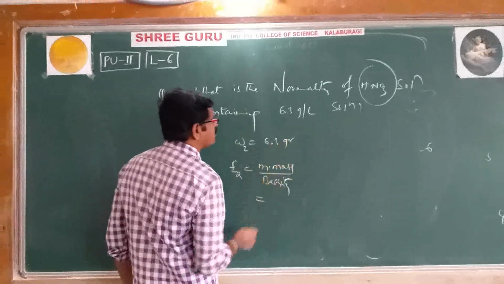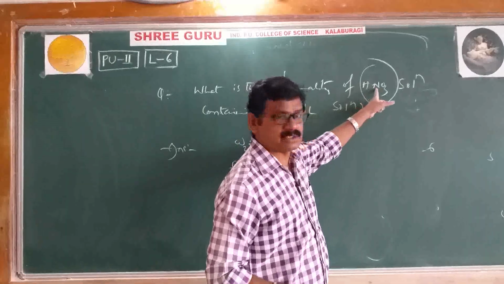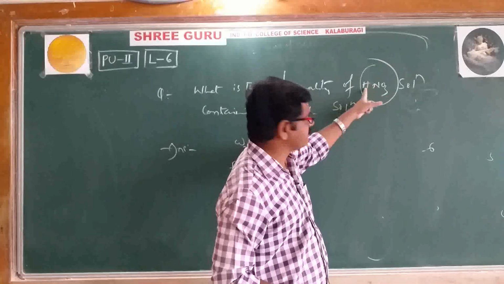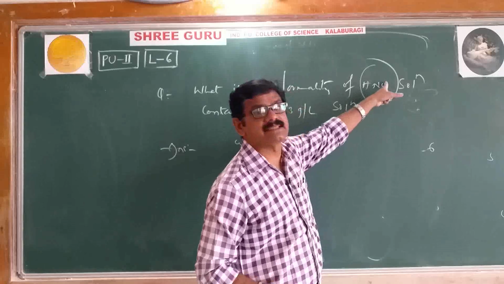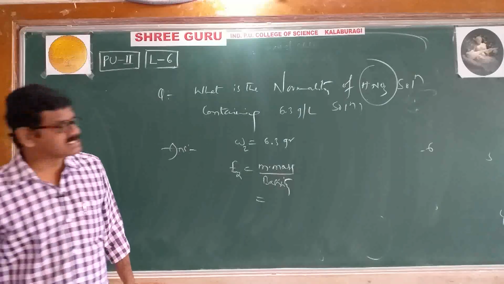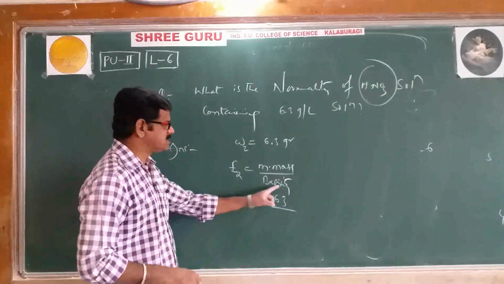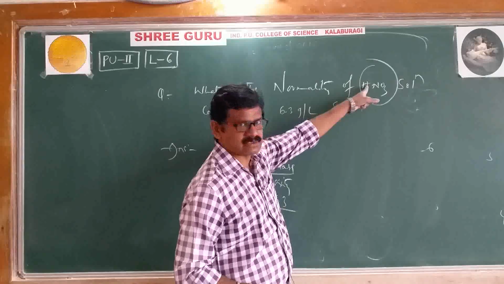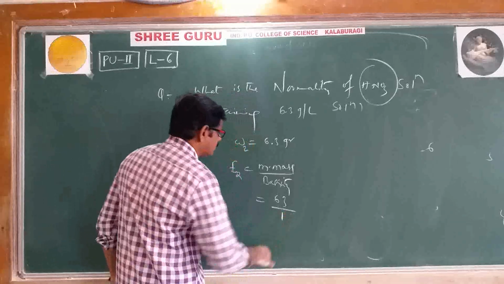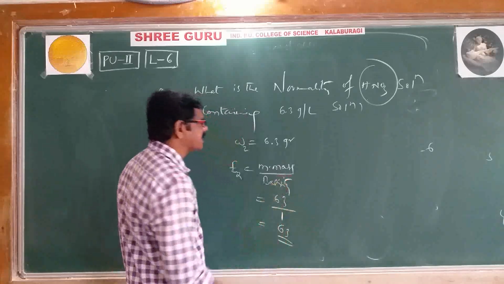Molar mass of HNO3: H is 1, nitrogen 14, plus 1 is 15, plus 16 times 3 is 48, 48 plus 15 gives total 63, divided by basicity. How many replaceable hydrogen ions are present? 1. Therefore the equivalent mass is also 63 only.